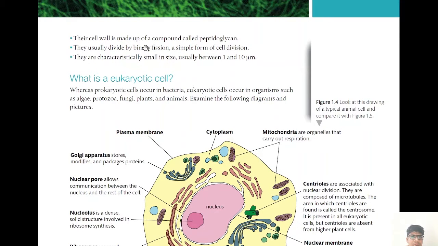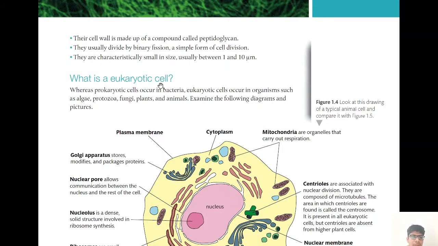Their cell wall is made up of a compound called peptidoglycan. They usually divide by binary fission, a simple form of cell division. They are characteristically small in size, usually between 1 and 10 micrometers.